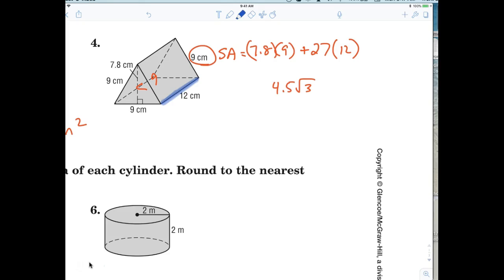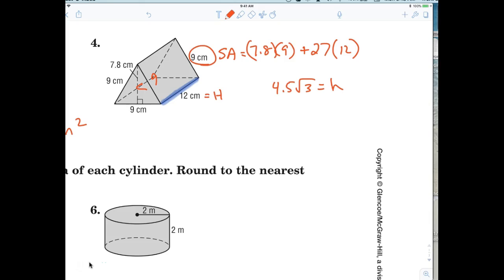Capital H is the height of the prism. Hope you listen to what I just said. Little h represents the height of the base. Capital H represents the height of the prism. All right? So 12 represents capital H. 4.5 radical 3 represents lowercase h.